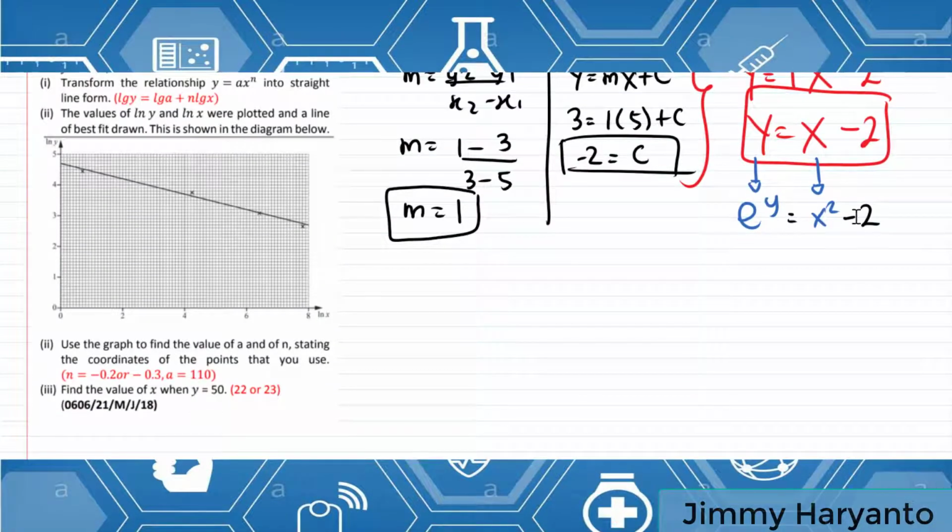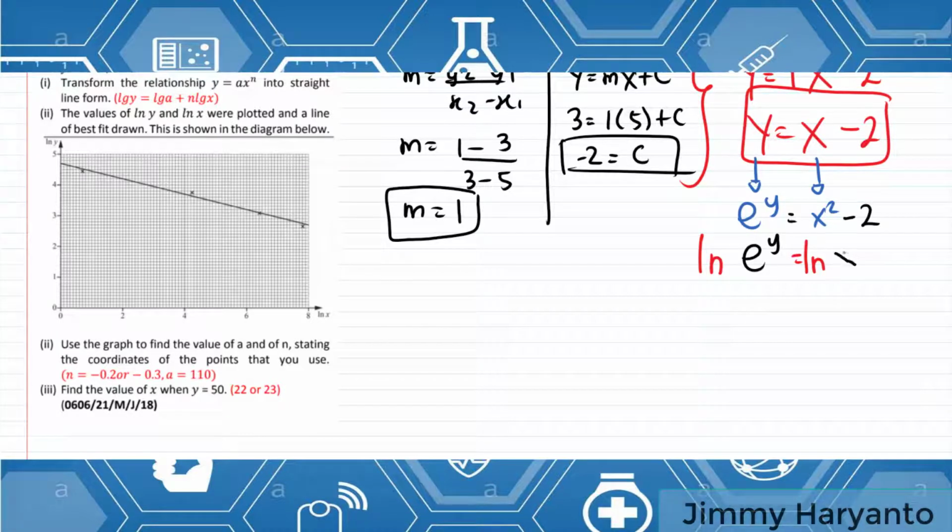So after this we have to find y equals blah blah blah, not e to the power of y. When I have e to the power of y, to make the e disappear, I have to put ln, not lg, ln at the left side and then ln at the right side. You already learned this in the logarithm chapter, maybe you forgot, so I make you remember again.